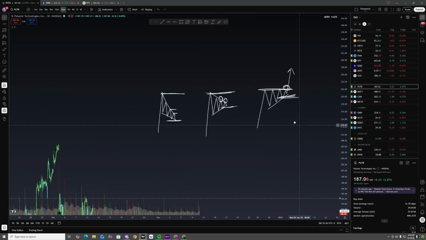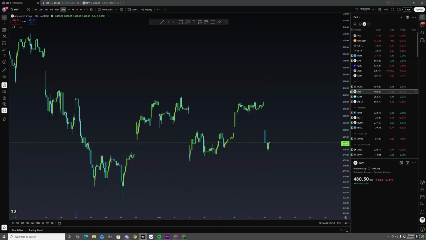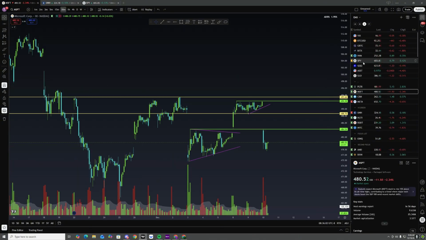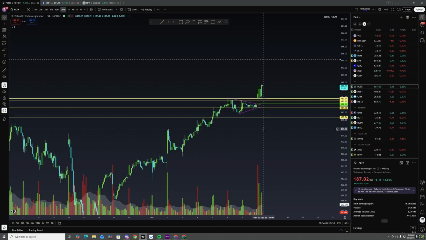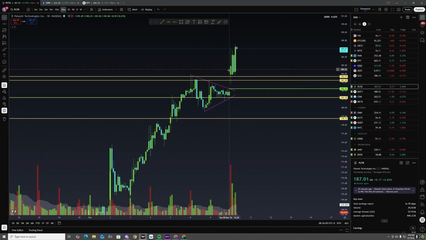And just to go into some quick examples, okay, well, here. So for Palantir, we have our move up, right? And then we have our move down, like this. So we have the higher lows, lower highs, right? As price compresses and gets tighter and tighter.